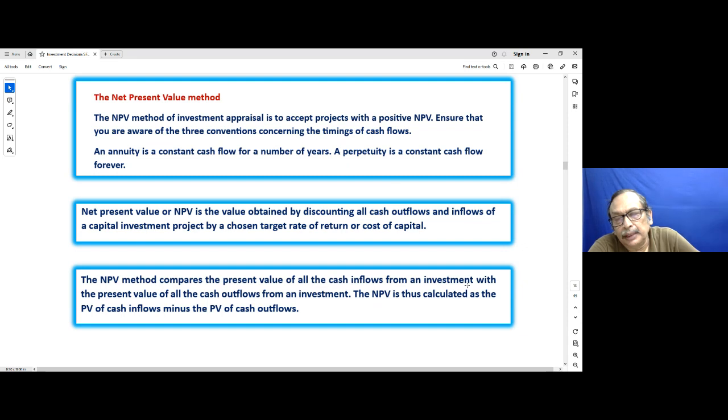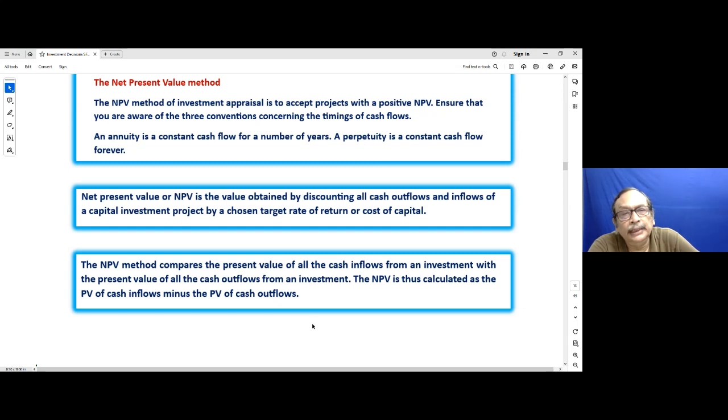That is profit after tax, add back depreciation. And we have to ensure that we are aware of the three conventions concerning the time of cash flows. Now, an annuity is a constant cash flow for a number of years. A perpetuity is a constant cash flow forever.